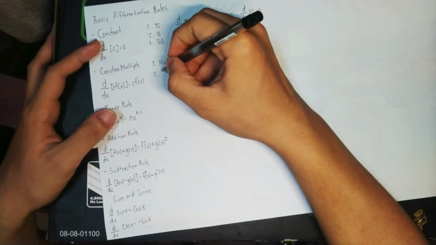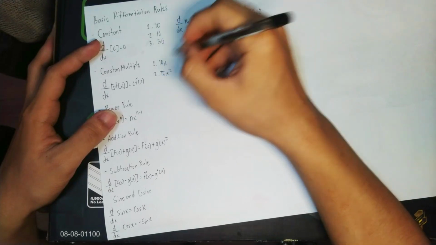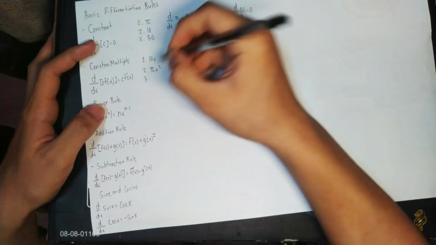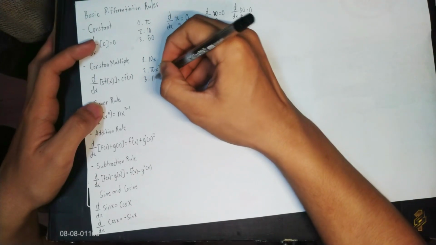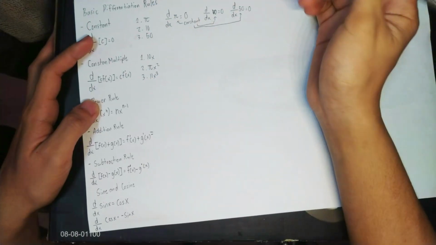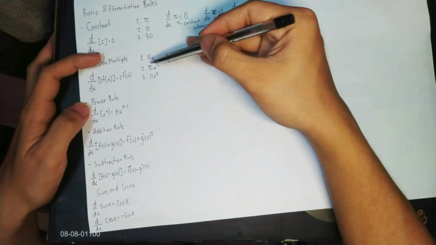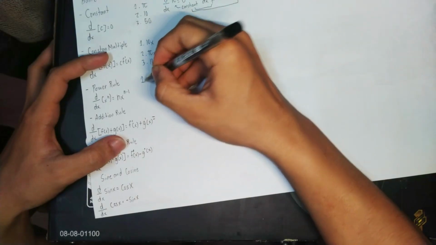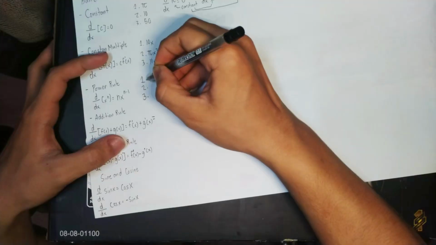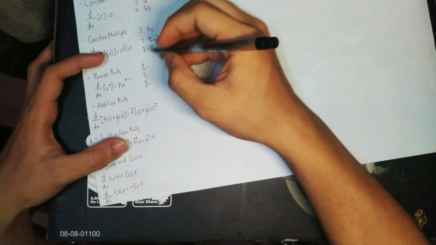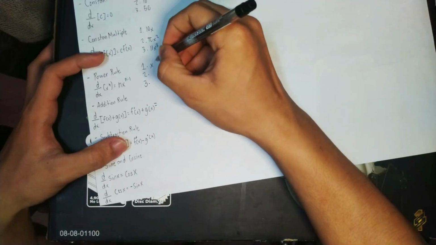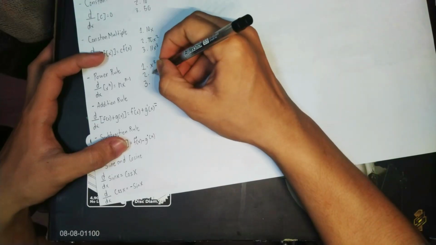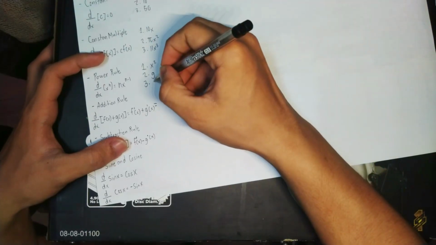The next one is constant multiple. Constant multiple states that the derivative of c times f of x is equal to c times f prime of x. In our examples, we have 10x, pi x squared, and 11x cubed.